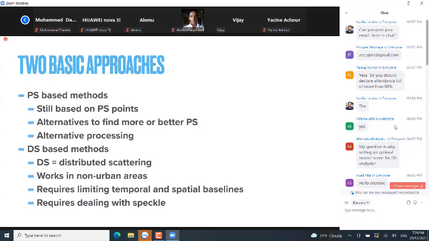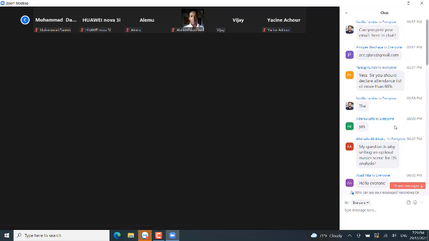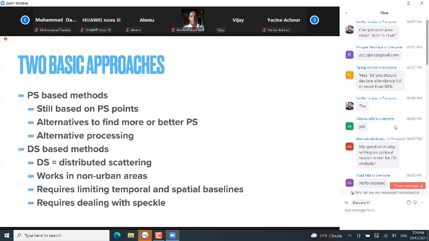So they're also free of speckle, right? But with DS, we have distributed scattering. We have many scatterers in the pixel. This has the advantage that it works also in non-urban areas, because now we can look for distributed scattering, which is the norm in most pixels, so we have more options to find them.